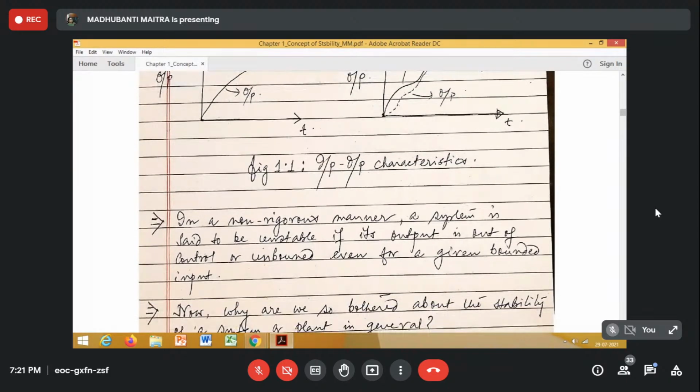I can see this point, which is written over here. In a non-rigorous manner, a system is said to be unstable if its output is out of control or unbounded, even for a given bounded input.